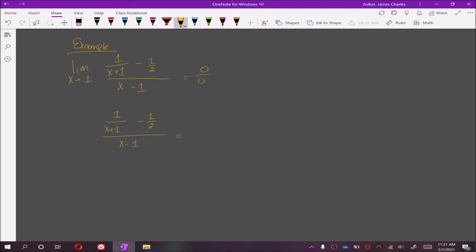To do so, let's simplify the numerator first. So we need a common denominator. What we're going to be left with is 2 minus the quantity x plus 1 all over 2 times the quantity x plus 1. That'll all be over x minus 1. This will then become 1 minus x all over 2 times x plus 1 times x minus 1.